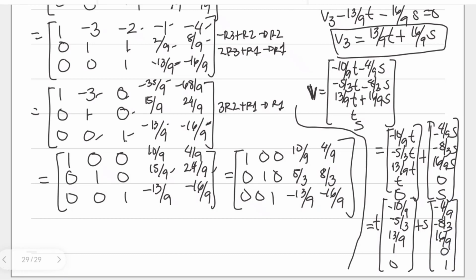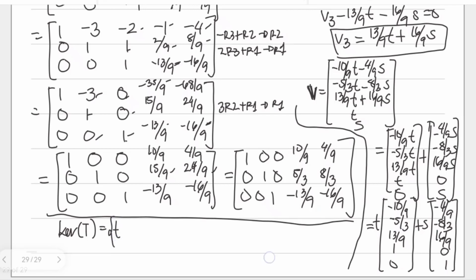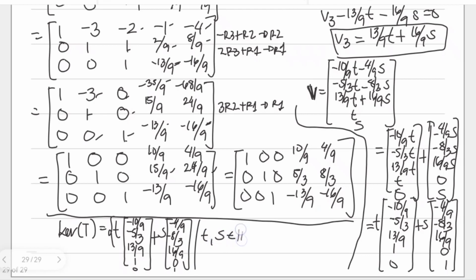What do we mean by this? Let me use this remaining space here. The kernel of T is a set, declaring that set of T times minus 10/9, minus 5/3, 13/9, 1 and 0, plus S times negative 4/9, negative 8/3, 16/9, 0 and 1, such that T and S are elements of the real numbers.